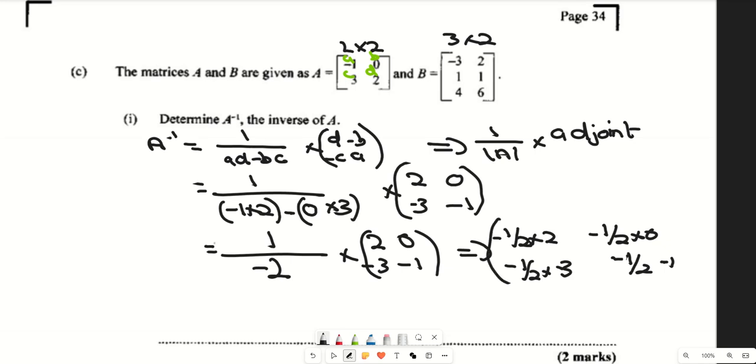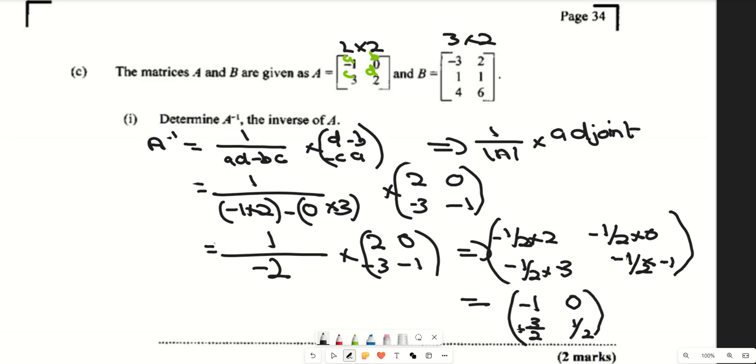Always do the numbers first. A half by 2 is 1, and with the minus it's -1. Anything by 0 is 0. A half by 3 is 3 over 2, and a minus and a minus is a plus, so plus 3 over 2. And then a half by -1 is a half, since a minus by a minus is a plus.